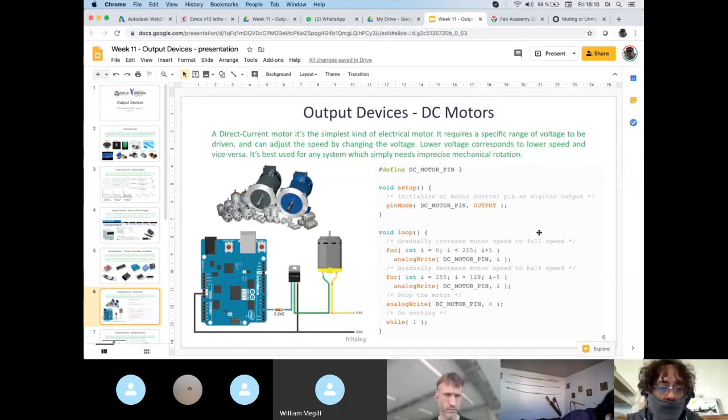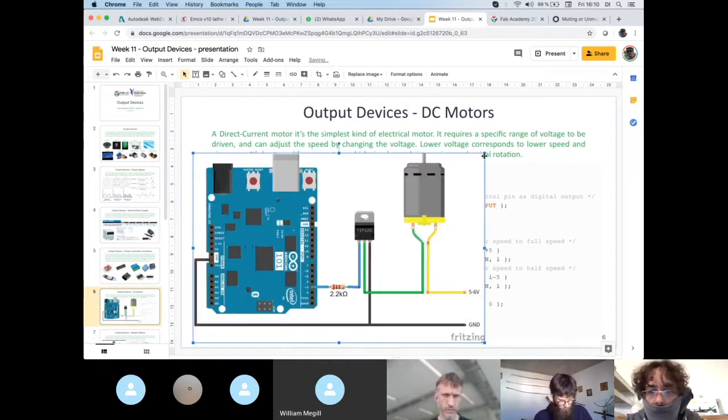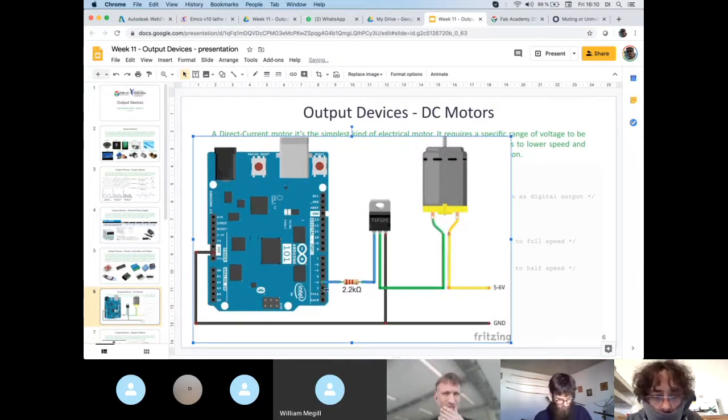On one side you have the microcontroller that can generate a pulse width modulation signal, connected to PWM pin number 3, for example. Then this resistor here depends on the kind of transistor that you're going to use. You might need a different voltage than 5 volts, so you put a resistor here to change the voltage that goes to the gate. And then the other two, the collector and emitter, are connected to the main power.